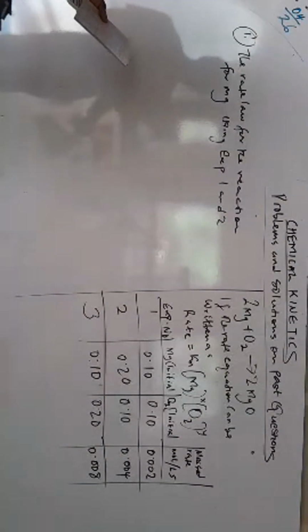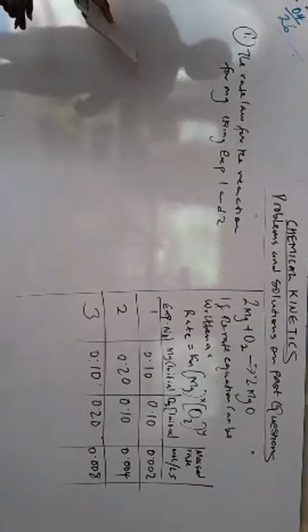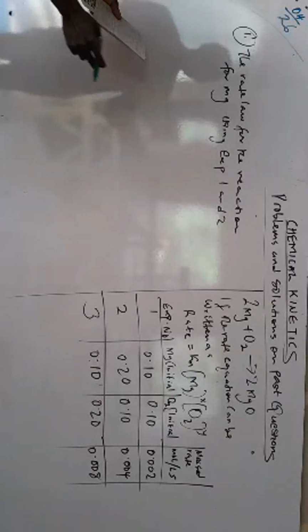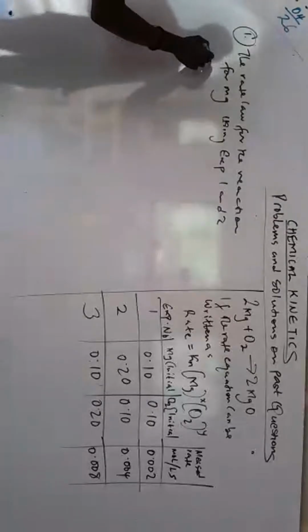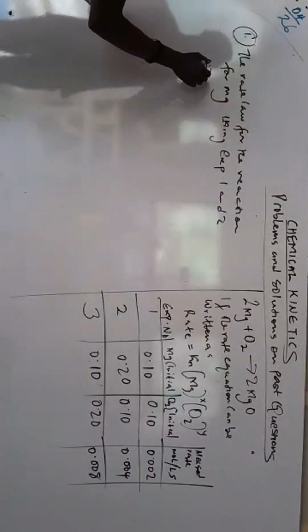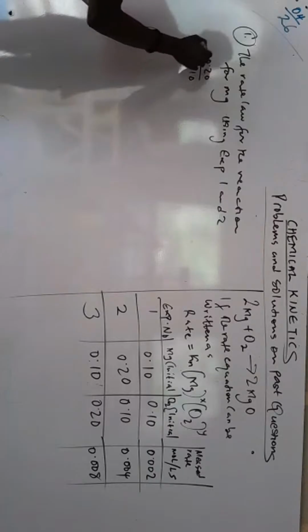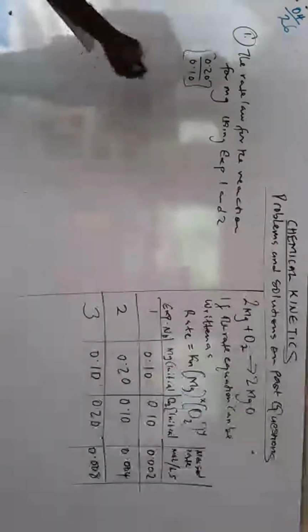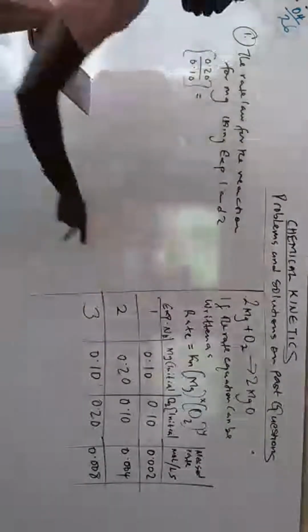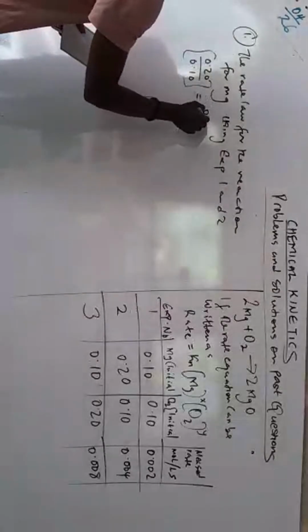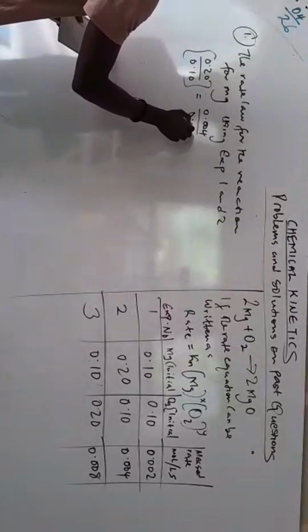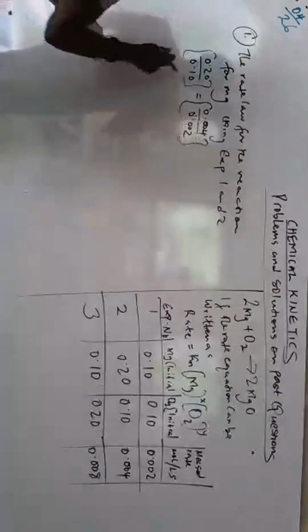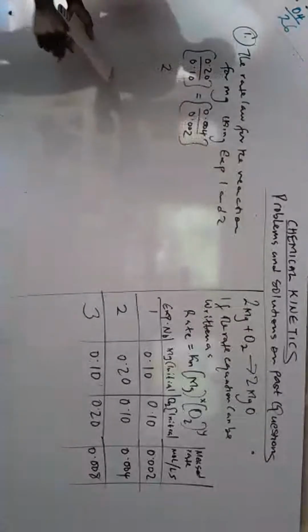What do we have there? When we use experiments 1 and 2 for Mg, that means we are going to have 0.20 over 0.10, equals, for experiments 1 and 2, 0.004 over 0.002. This gives you 2. Take note of that.